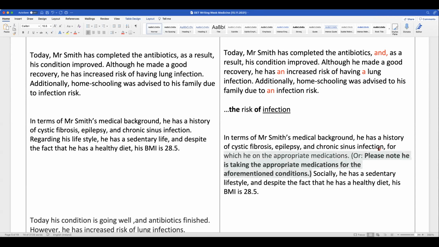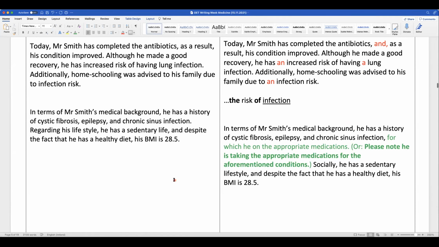If we don't mention this medication because we're referring this person to the surgeon for possible double transplants, I think it's still important for the surgeon to know the medication he is on. It's worth mentioning. We don't have to mention all the doses, but it's worth mentioning because of possible drug interactions. Okay, that would be good.